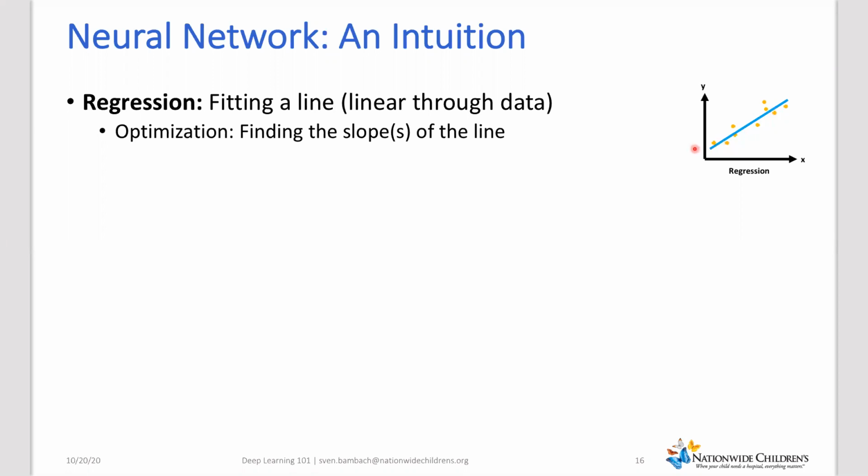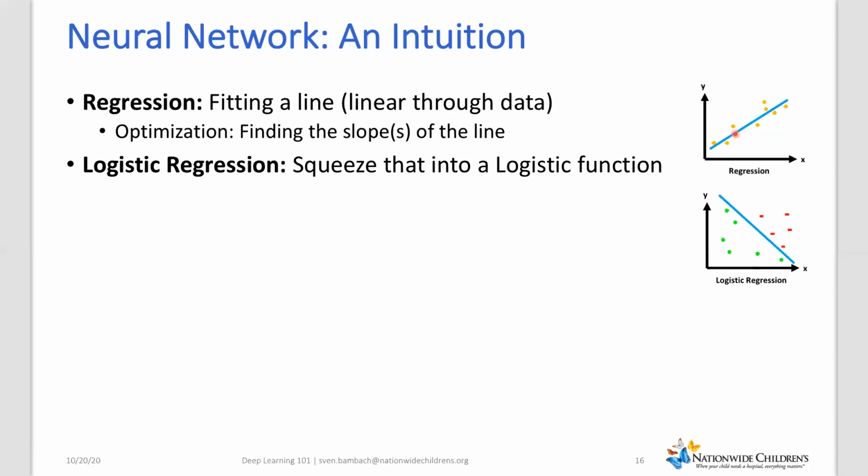What you're actually doing by fitting this line is optimizing the slope of this line. The slope and the offset define this line. So if this is a one-dimensional data set where you only have a variable x, you're fitting the slope, which is the weight of your model, to this data.